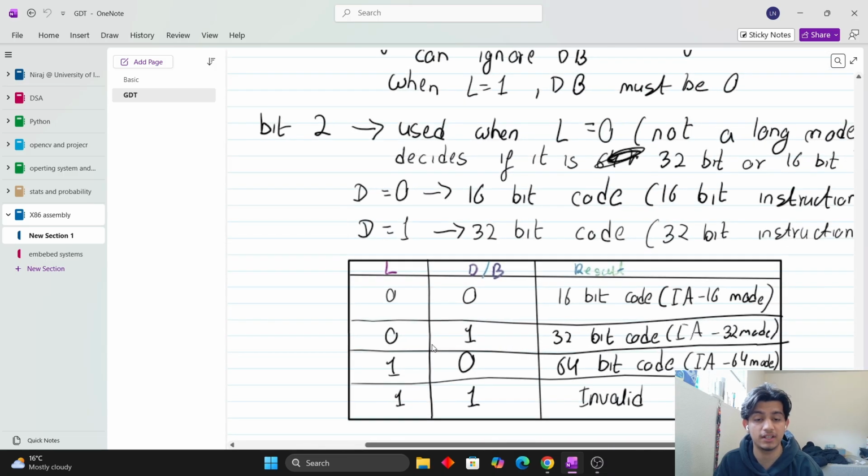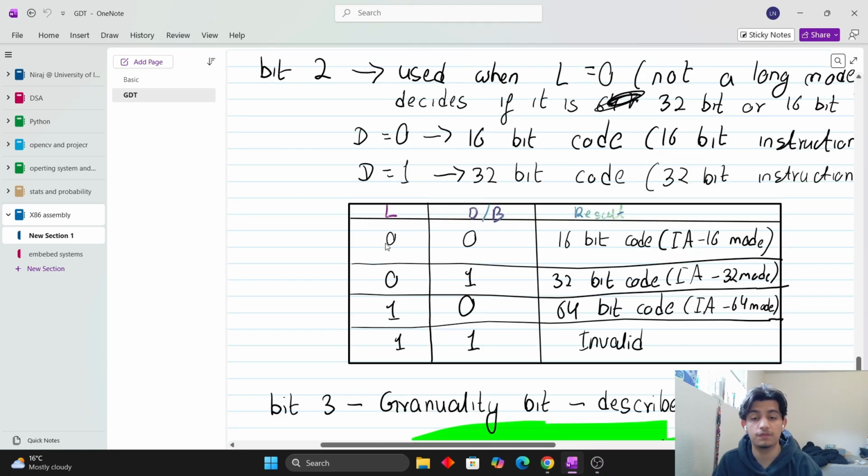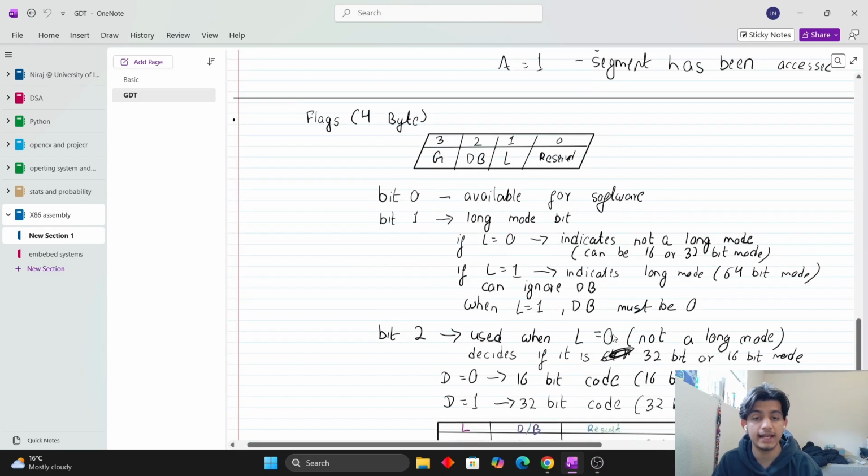I also have a table for this. If L equals 0, it is not long mode, not 64-bit mode, and DB equals 0 means it is 16-bit. You can look into the table. Also, if L equals 1, DB has to be 0. If it is 1, then it is invalid. Okay, that is the thing.